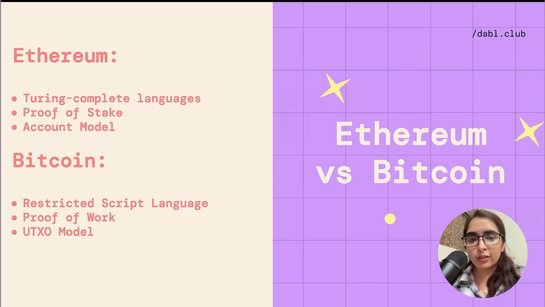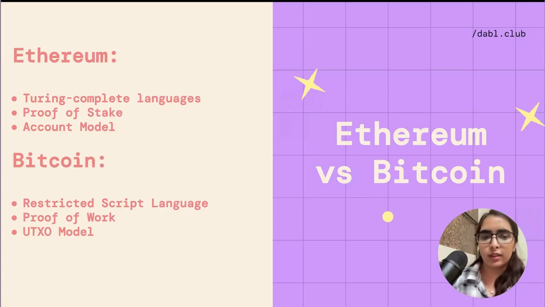Proof of stake basically means that validators are chosen to create new blocks based on the number of coins they hold and are willing to stake as collateral. We'll learn about proof of stake in later lectures, but it is basically more energy efficient than proof of work, and rewards are proportional to the staked amount, reducing the need for a lot of hardware-intensive work.